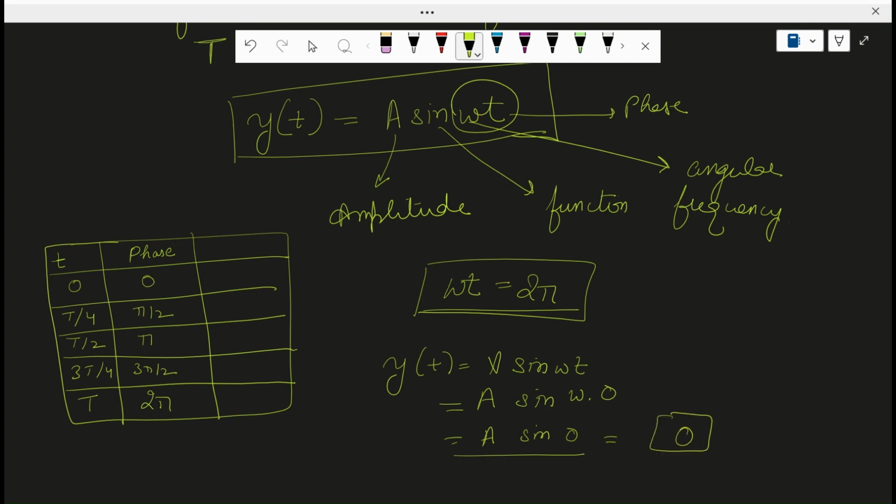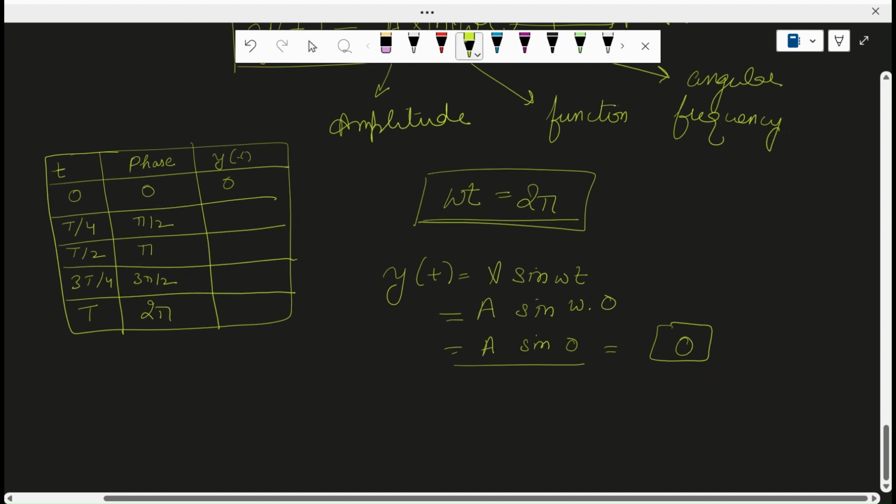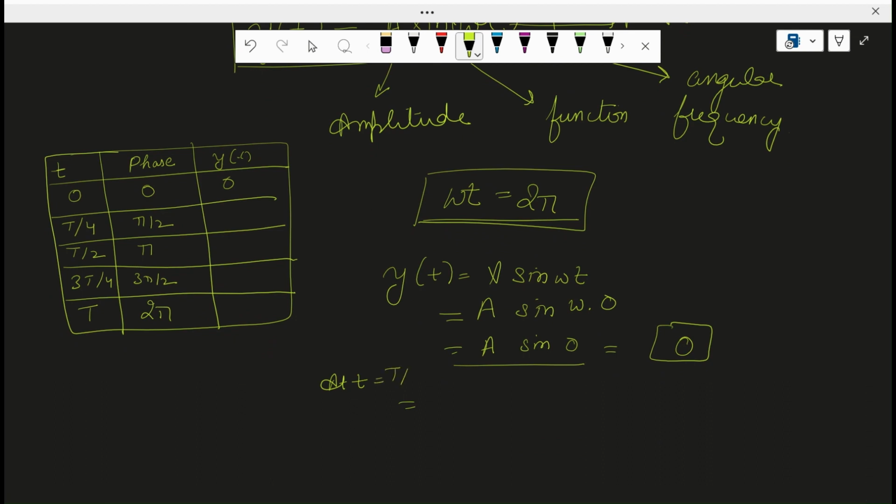We know for sin 0 the value is 0. So we can write here y(t) is equal to 0. Then further, at t equal to T by 4, we have ωt equal to π by 2. So A sin(π/2), we know π by 2 is 90 degrees. So A sin 90 degrees, we are getting amplitude as A. We can write here A sin.